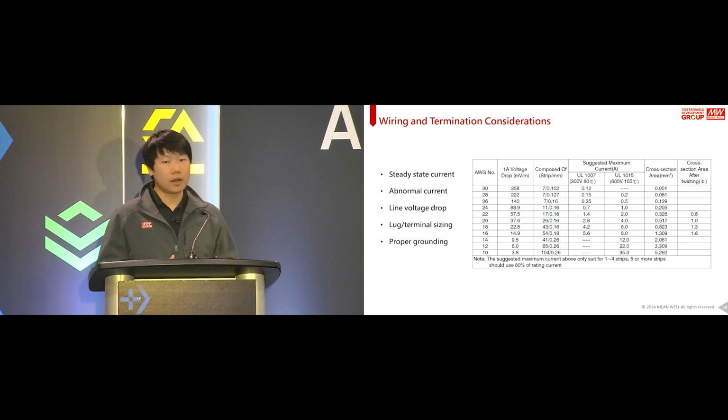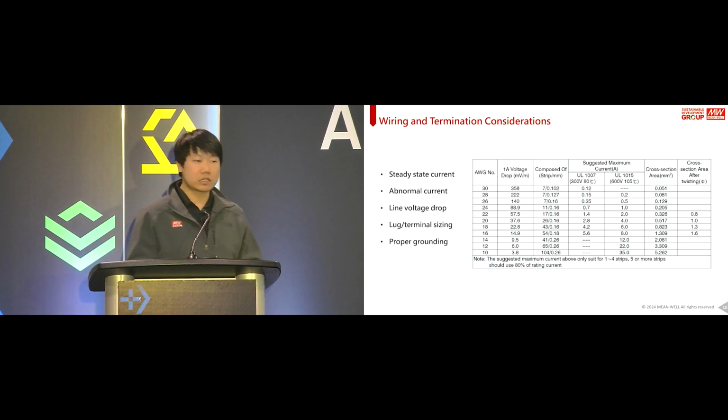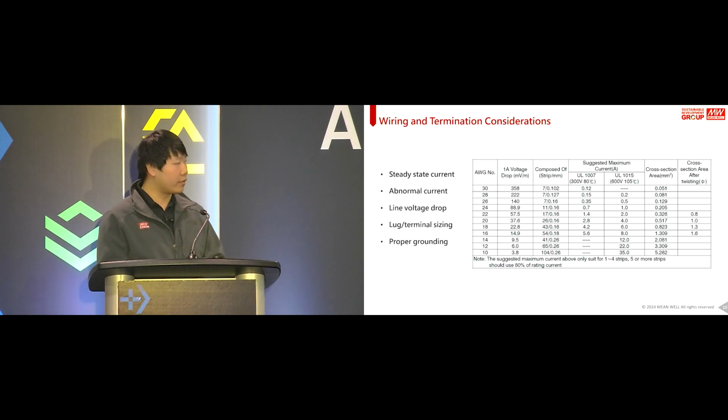So if there's a short somewhere along the device or in the device that's not protected with a fuse or circuit breaker, and the wiring size is only according to the steady state current, the abnormal current may be a short, or in hazardous cases, it may be shorts across the AC line, right? So it may induce very high short circuit current, and that can be a fire hazard. So abnormal current also needs to be considered when the customer is sizing the power supply wiring.